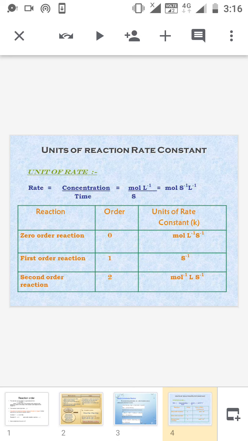So we get the unit as mole inverse liter second inverse. Hope you understand the topic. Today's class covered the definition of order, the difference between order and molecularity, pseudo order reactions, and units of the rate constant, which are very important and frequently asked university questions.